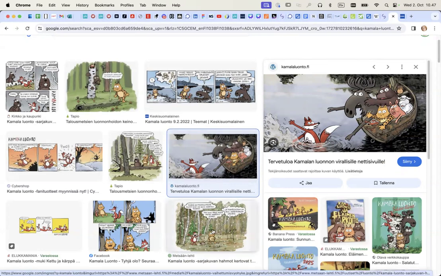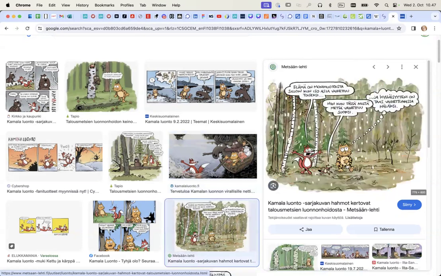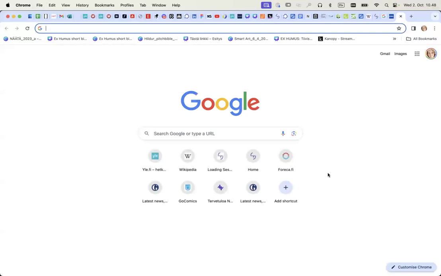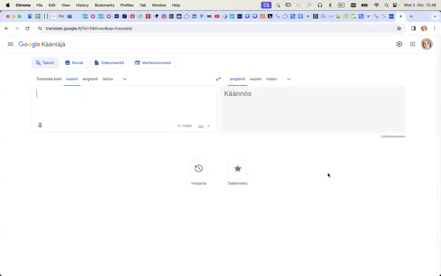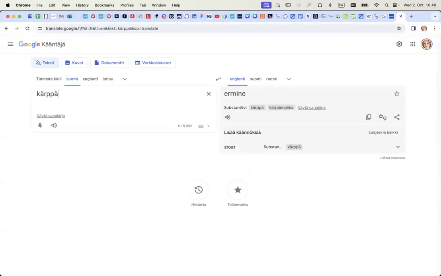I'd say most of the strips have either the lynx, who I'm guessing is the protagonist, but we also have a lot of strips of the fox, and then the, what was it called in English? It's a kärpä. What is kärpä in English? Translate kärpä. Ermine or stoat. Okay, let's call him a stoat.